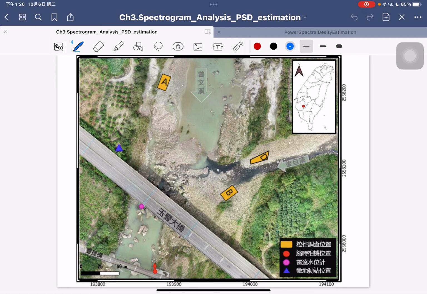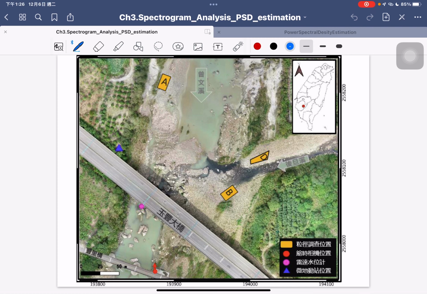As the map shows here, you can see the major river is the Zhenwen River, located in southern Taiwan, in Tainan City. You can see there is another tributary, the Hodan River, which supplies additional water into the major river.